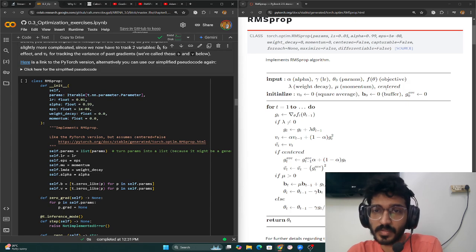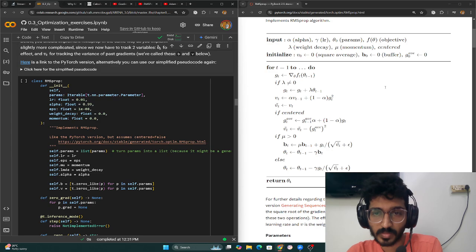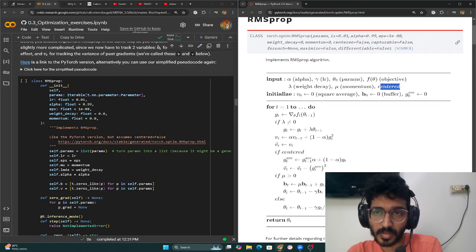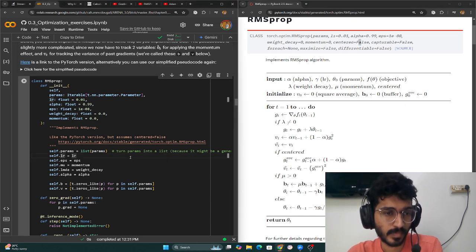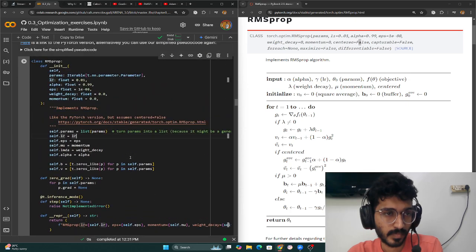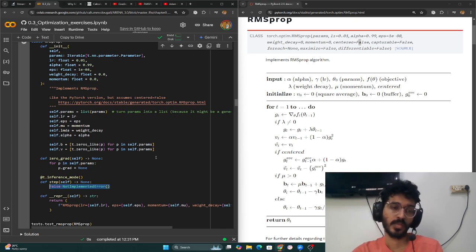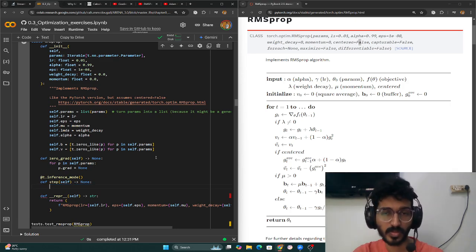There also is centered, which we can take as false by default. So let's do this.